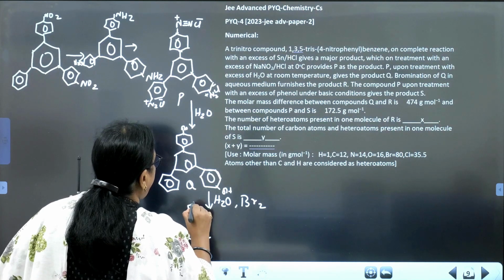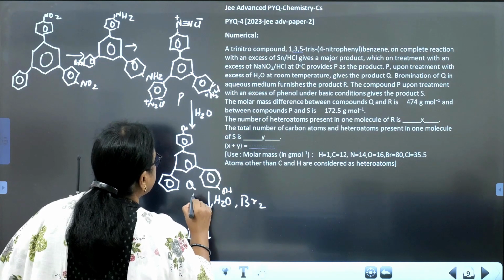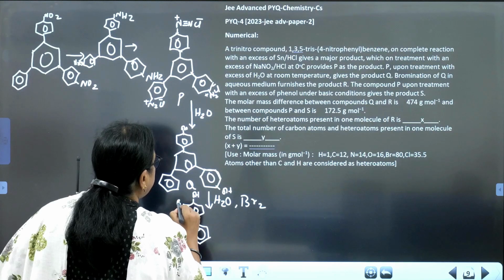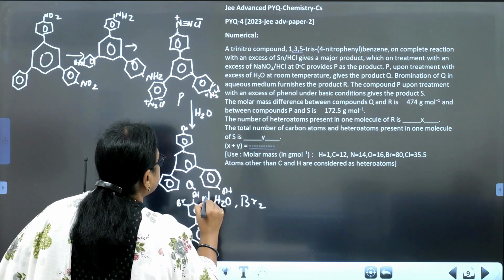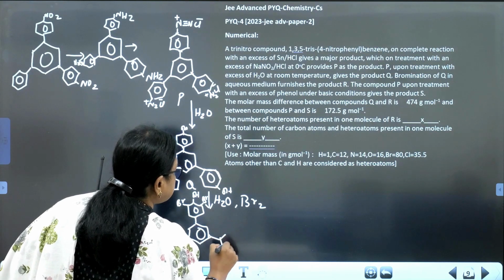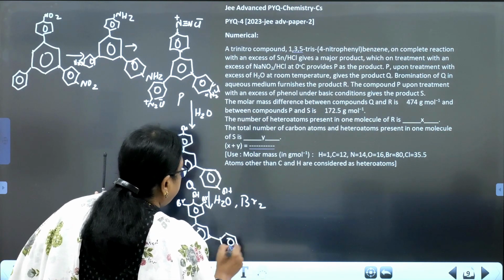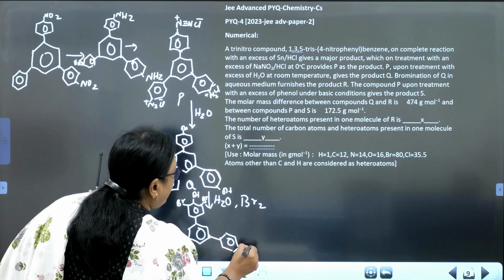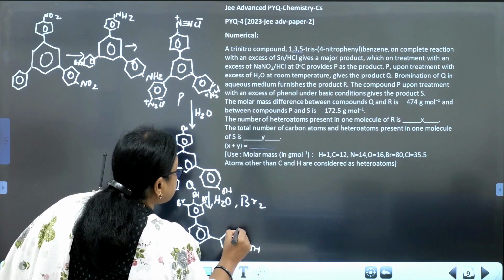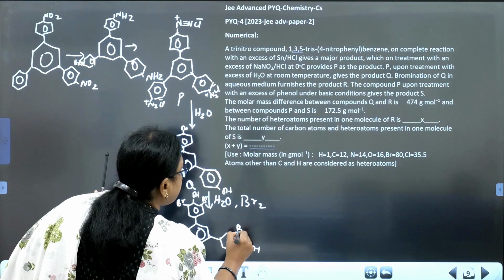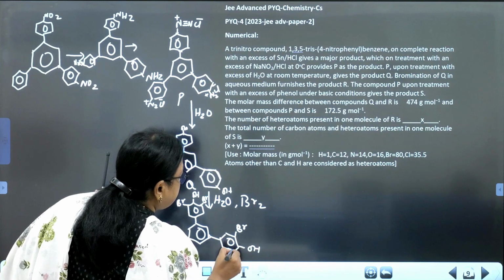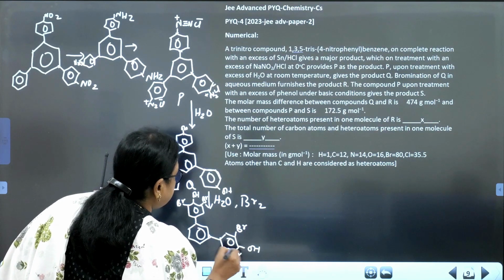But since all the phenolic groups' para positions are already occupied, each one's both ortho positions will be brominated, because we know OH on benzene ring is a highly activating and ortho para directing group.